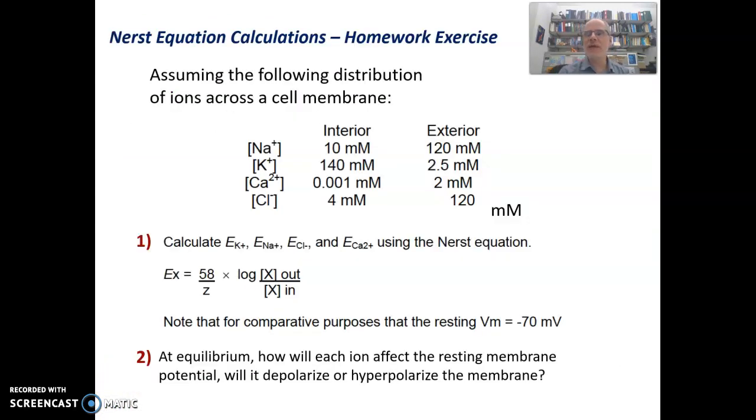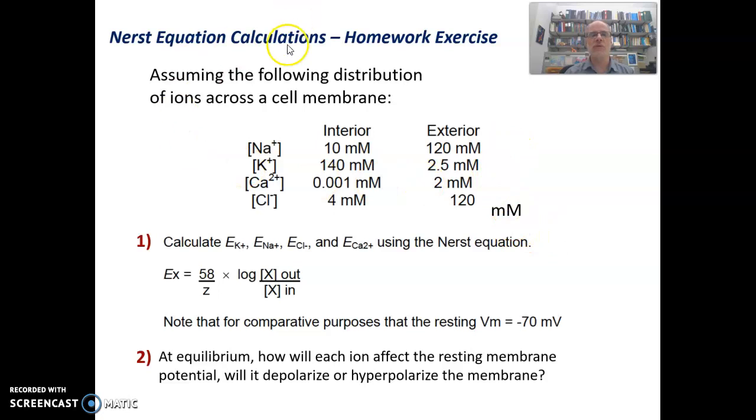Okay, so to give you an opportunity to practice using the Nernst equation to calculate the equilibrium potential of individual ions, I came up with the following exercise.